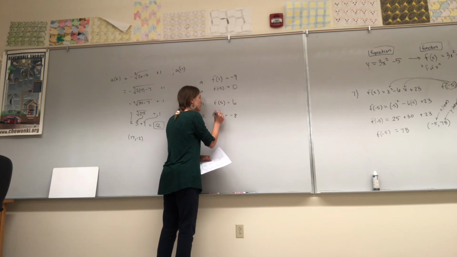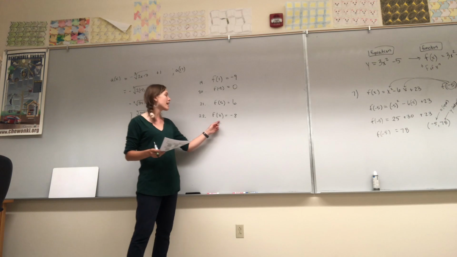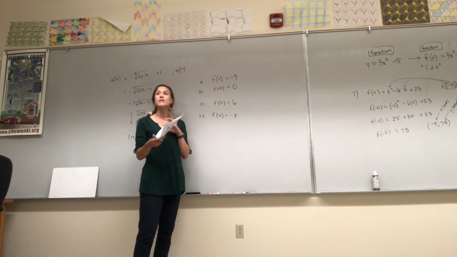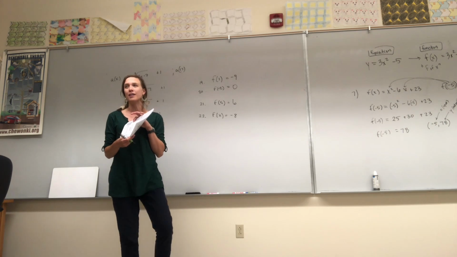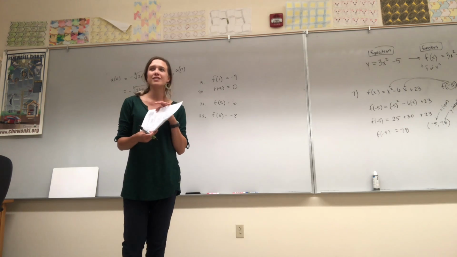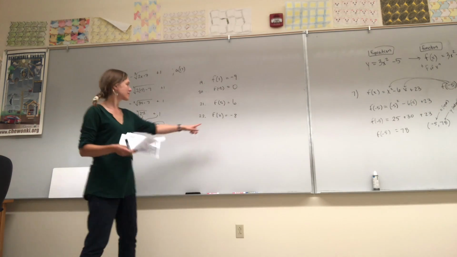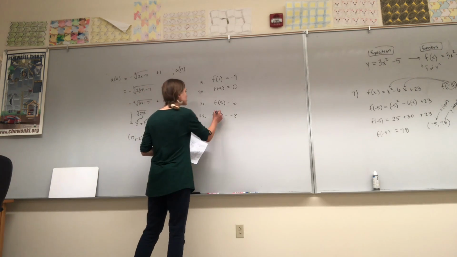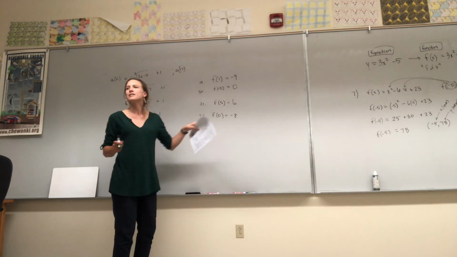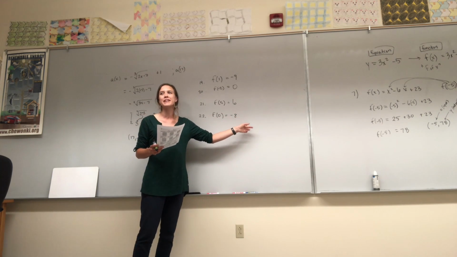I could also write it like this: solve for x when f of x equals -8. You'd have to look for the y value equal to -8, and then find the x value from that. Do you think you could do that? There may be some times where the formatting will be looking for x given the y.